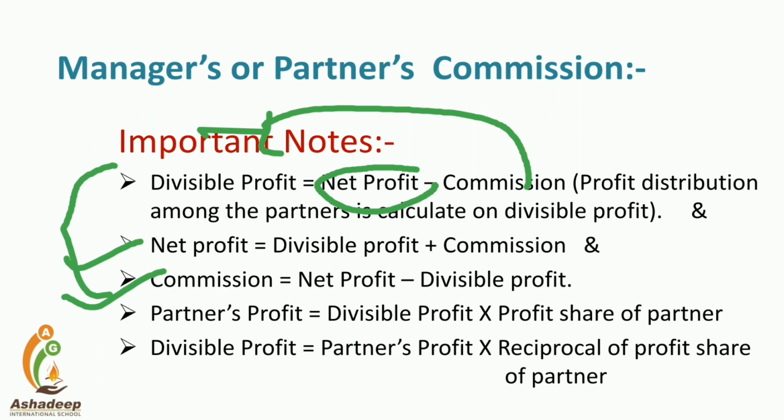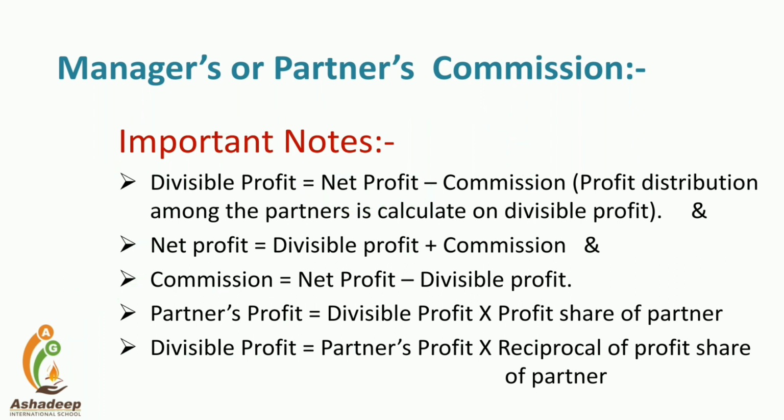The last one is more important, that is the formula of divisible profit. If we want to find the divisible profit, then the formula is partner's profit multiplied by reciprocal of profit share of partner. When in questions you know any one partner's profit, from his profit share you can find divisible profit.